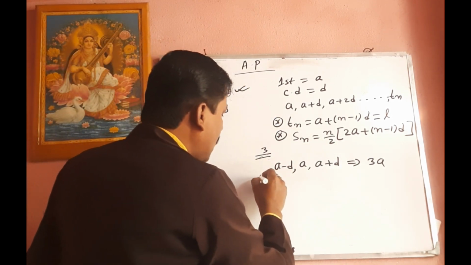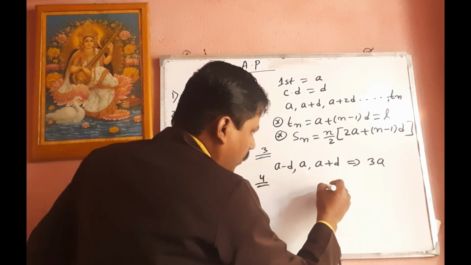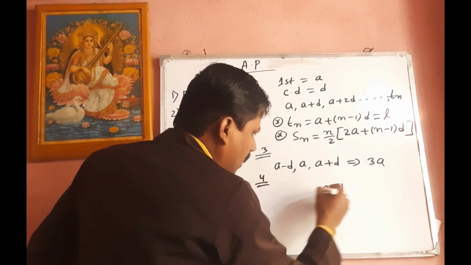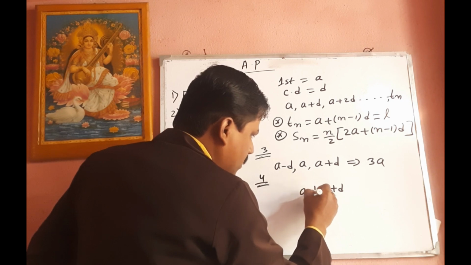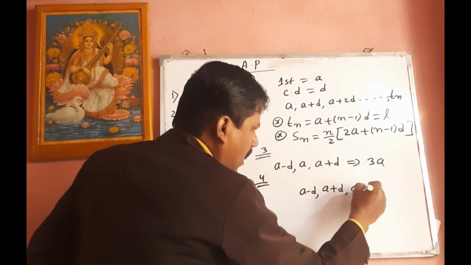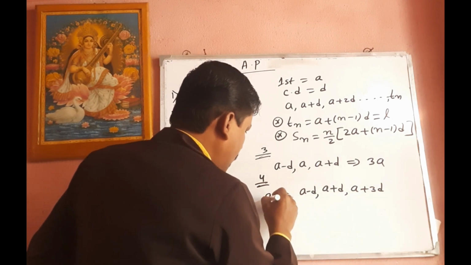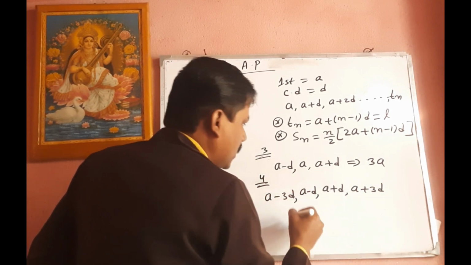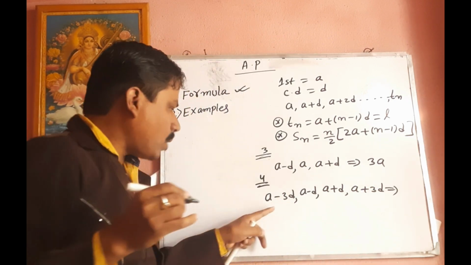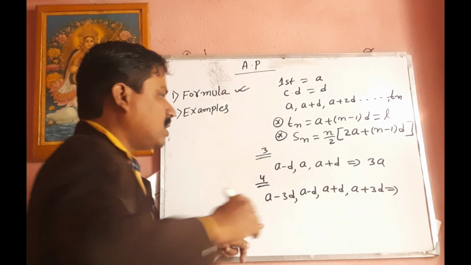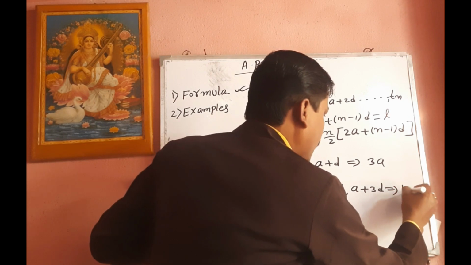Similarly, when 4 terms are there, then a plus d, a minus d, a plus 3d, a minus 3d. Then when we add them all, we get 4a.